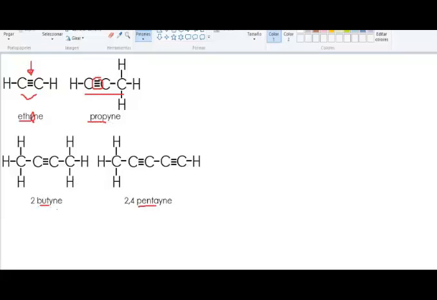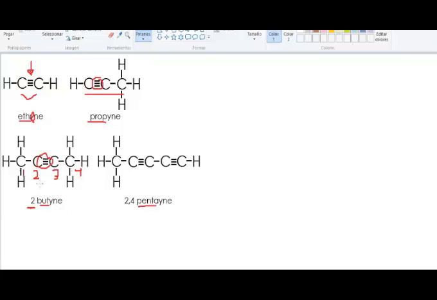Butane also has a triple bond, and it has 4 carbon atoms. But in this case, the triple bond is not located at the first or the last carbon atom, so we're going to add a number. This number is found by counting 1, 2, 3, and 4.